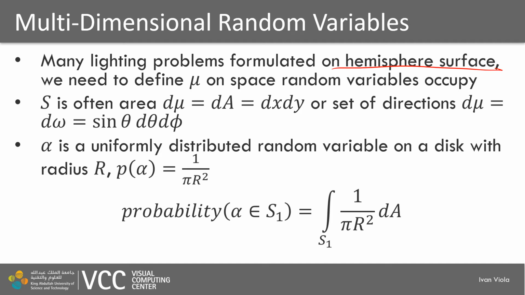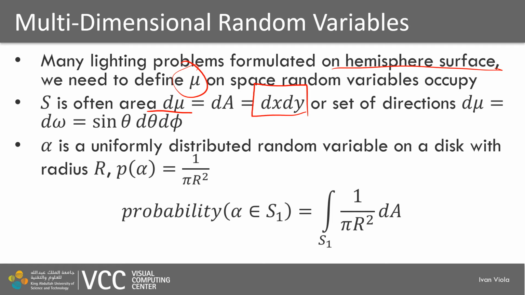There we will define a certain measure on this hemisphere, which should be fair, so that we can randomly define samples from this hemisphere. In other cases, we will use the area as our measure and differential, and in 2 dimensions that is dx dy.